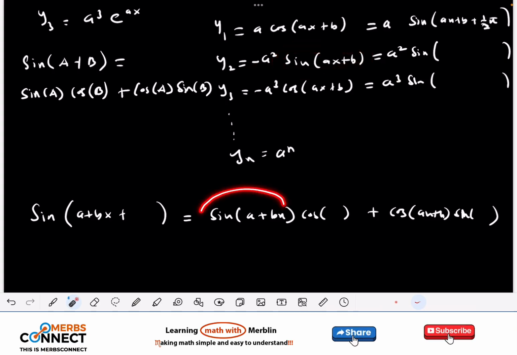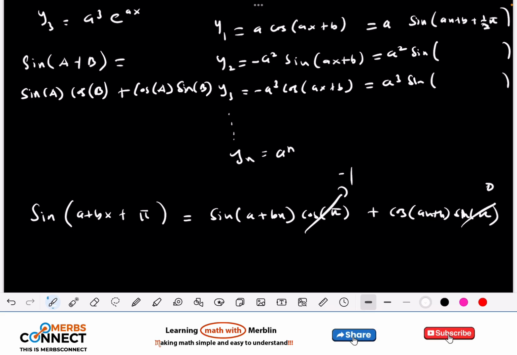So we need to put something here so that this one will give us -1, so that we can get the minus of that, and then put something here so that this one will be 0. And the something that we can put there is pi. Now we know that cos pi is -1 and sin pi is 0. So this one goes to 0, and this one is going to give us the negative of this.